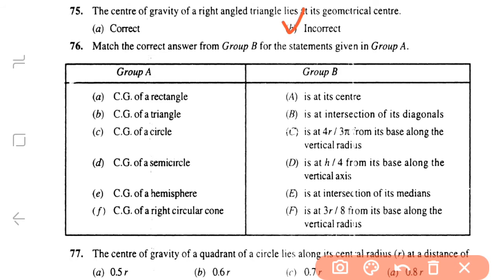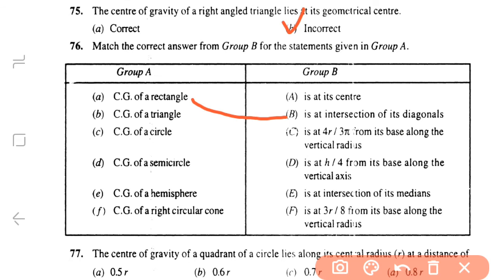Now next is question number 76. Match the correct answers from A to F for the statements given in group A. Now here, friends, the first statement is center of gravity CG of a rectangle, and here option B is the correct answer, that is at intersection of its diagonals.